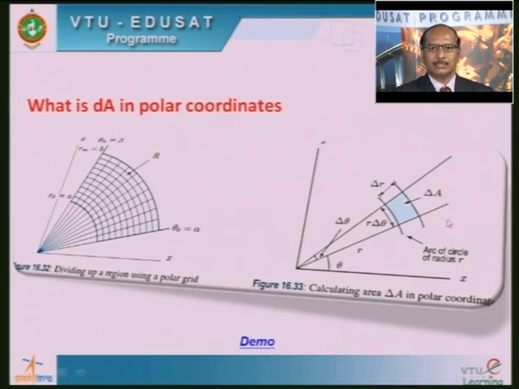So, this is the theta angle, and that radius is r. This is another theta, and the difference is delta theta. Theta equal to alpha and theta equal to another angle, the difference is taken, if it is beta, beta minus alpha is delta theta.